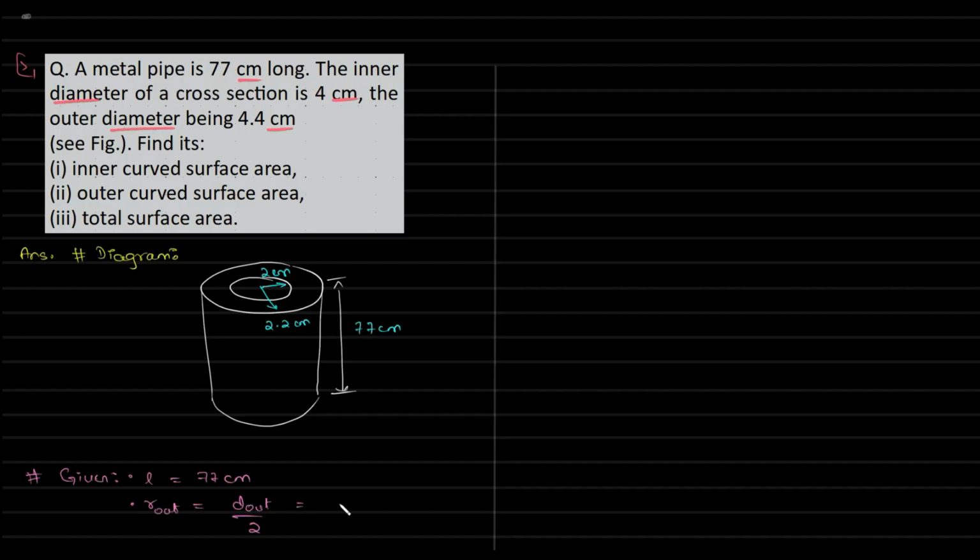So this is equal to 4.4 divided by 2, that is 2.2, which can be written as 22 by 10 centimeter. And we have inner radius, that is inner diameter by 2, which is 4 by 2, which is 2 centimeter. Okay, that's it. Now the working.